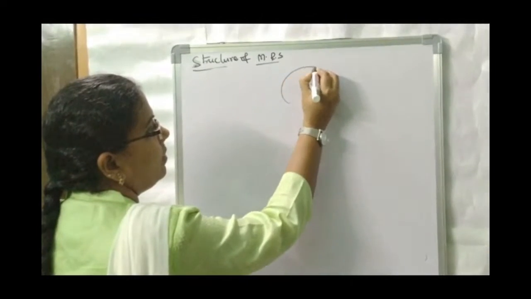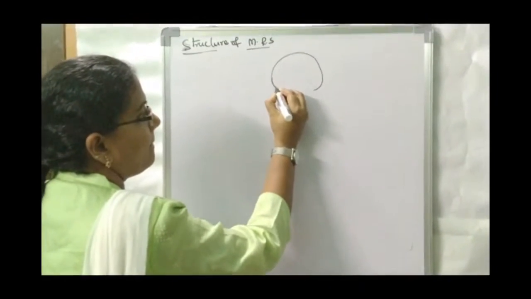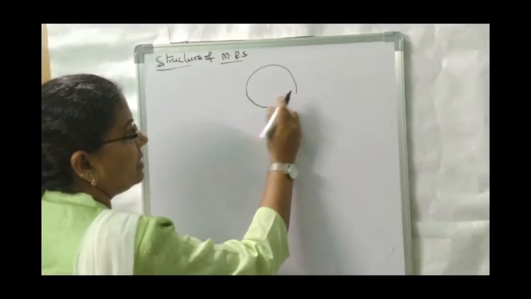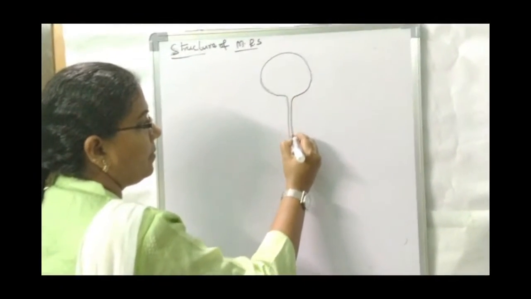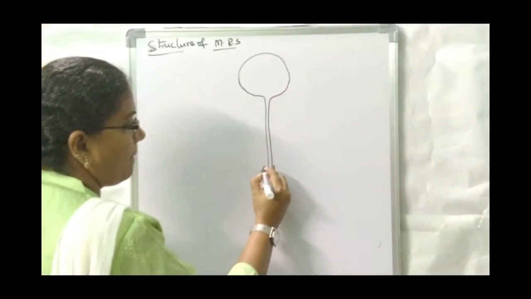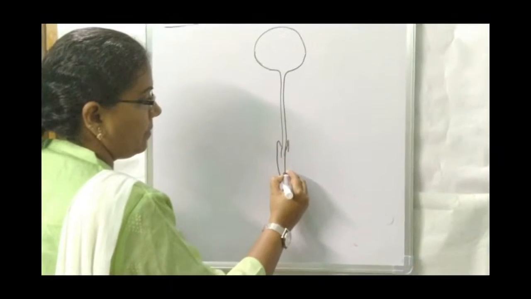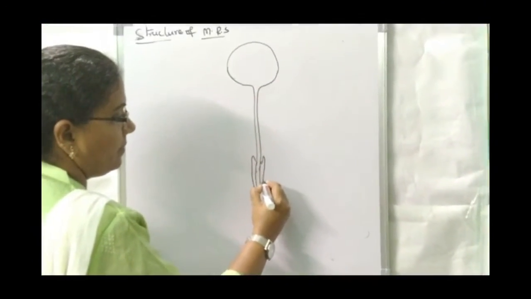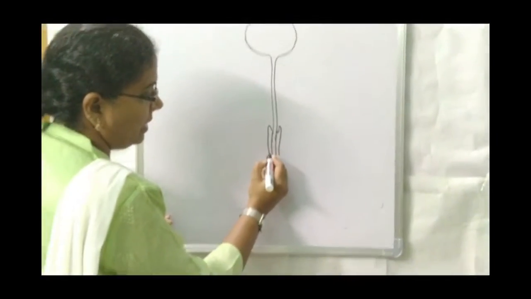This is the urinary bladder, urogenital duct. It has a foreskin. Foreskin, swollen area.